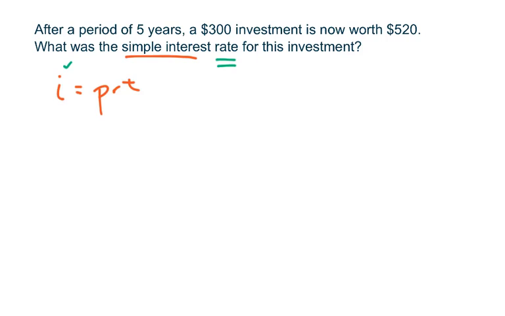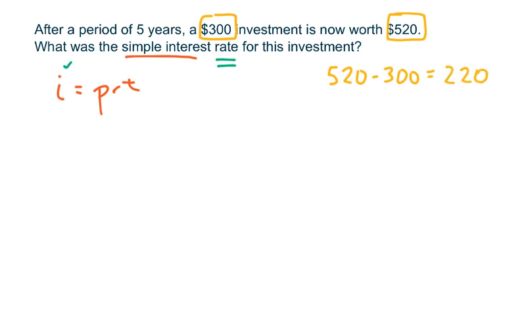As I look over the problem, that wasn't given to me. I am told that it was a $300 investment, and it's now worth $520. So I'm going to have to do a little bit of subtraction, 520 minus 300, and find out that the amount of interest that was earned here was $220.